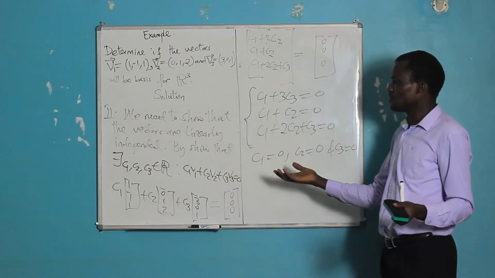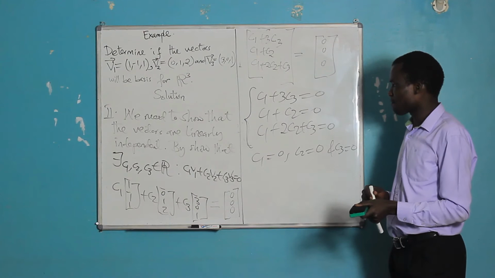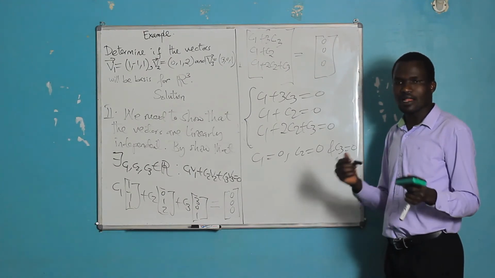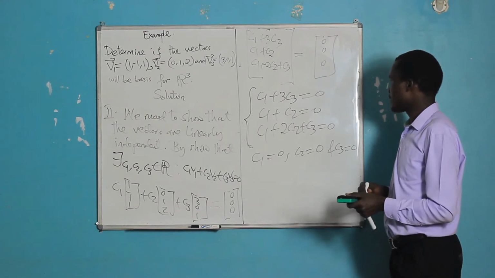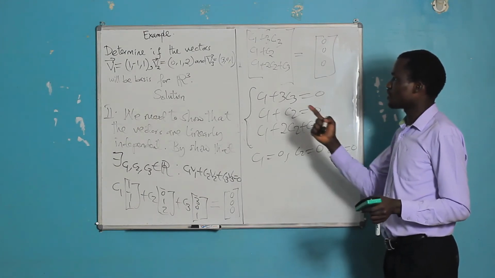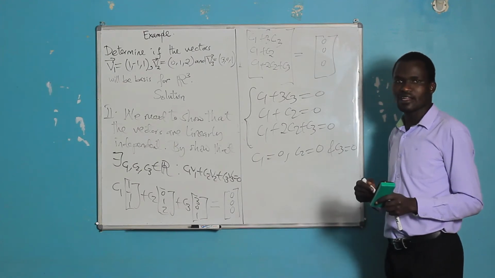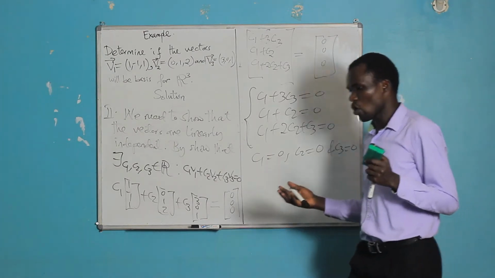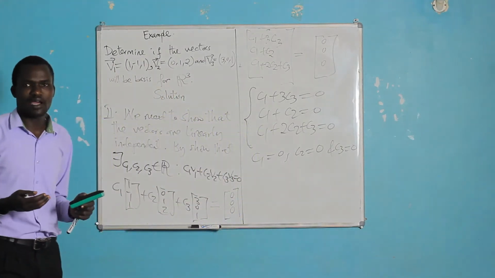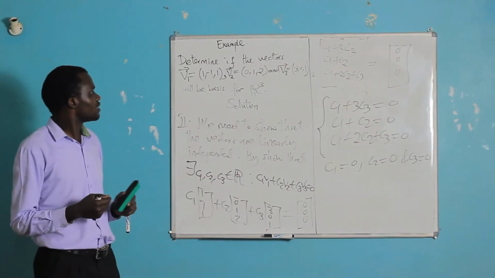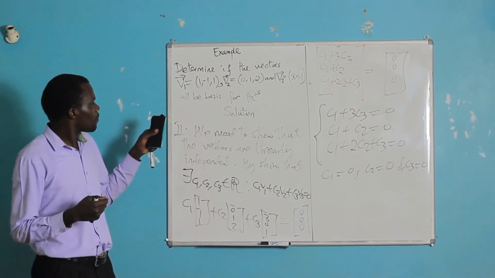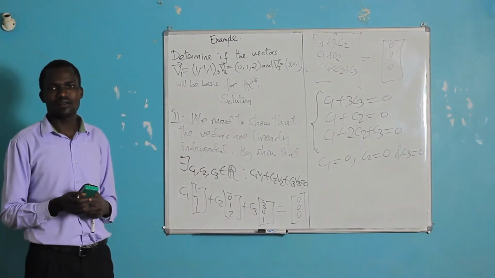Since these scalars exist and they are all equal to 0, we say that these three vectors are linearly independent. And because both properties, the four axioms, have been satisfied, we conclude that these three vectors are a basis for R3.